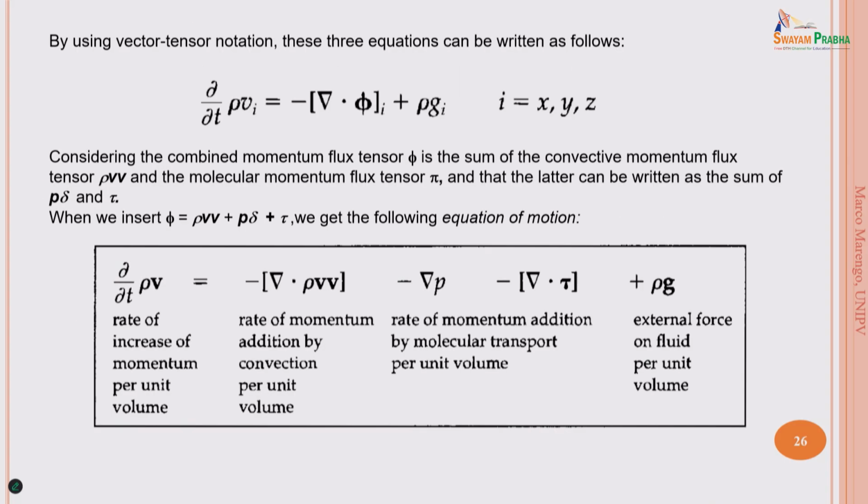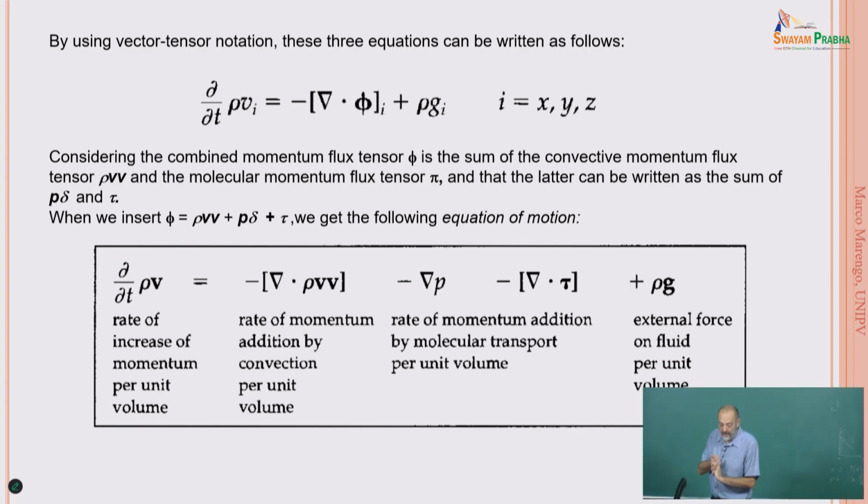So at the end, using the vector tensor notation, we are going to have this equation, which is very famous and important, that is really saying what is happening in terms of balance of momenta inside the volume. So this is the balance of the momenta that we can use to establish the direction of the motion. So we have the conservation of momentum.